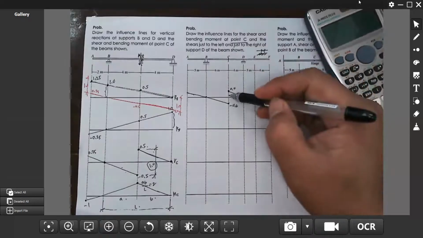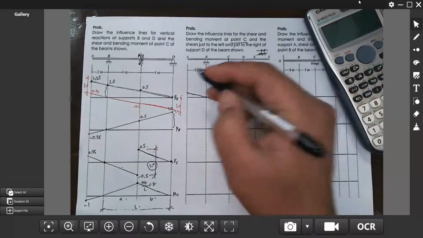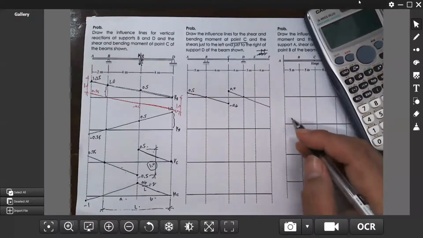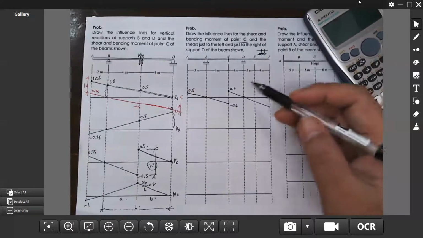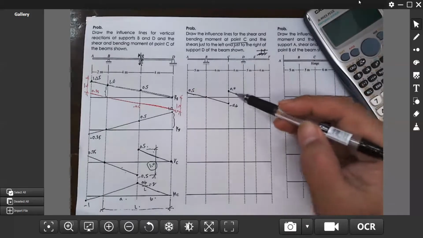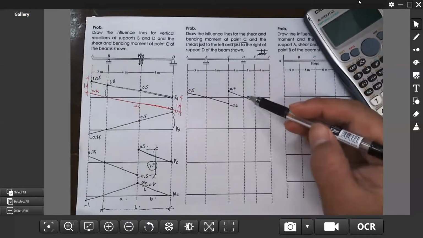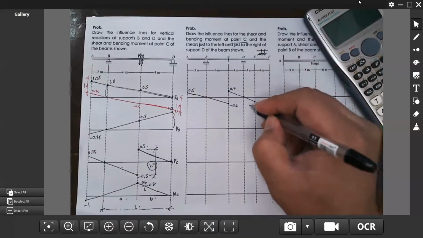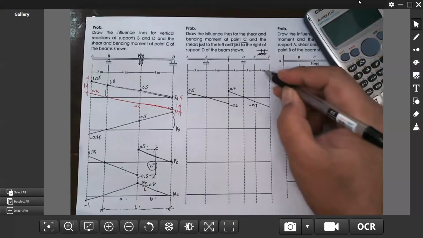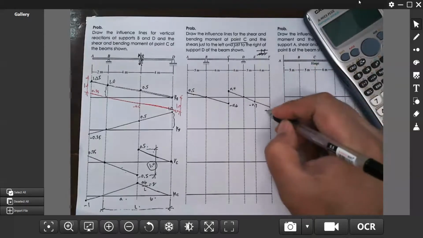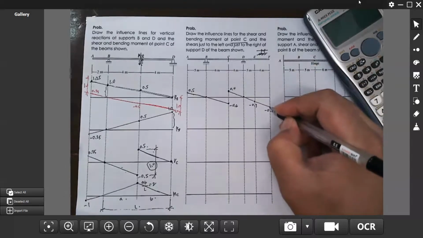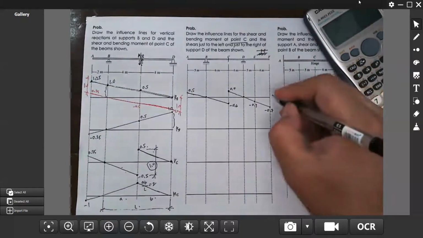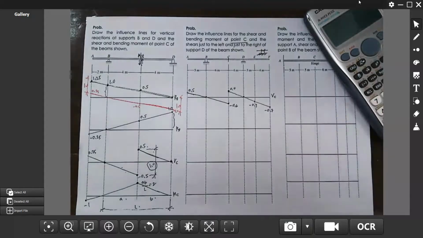Obvious na 0.6 is to 6, blank is to 5, and this is 0.5. Ang slope is 0.1 man. 0.4 divided by 4, that's 0.1. Times 3, that's negative 0.3. Times 7, and negative 0.7. Yan na. This is for shear at C.